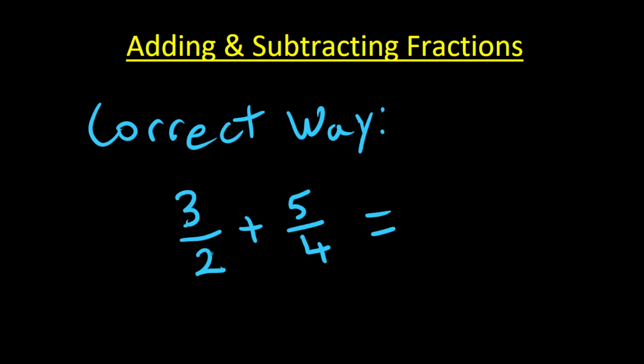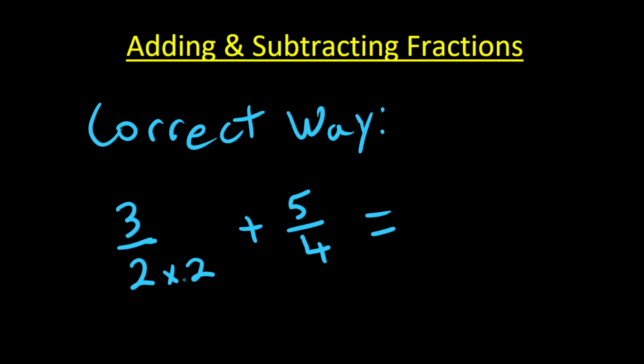Well, let's take a look at 3 over 2 right here. How can I get 2 to be 4? Well, 2 times 2 is 4, right? So let's move this 3 over 2 just a little bit to the left. So we can multiply the denominator by 2, so we can get 2 times 2 equals 4.